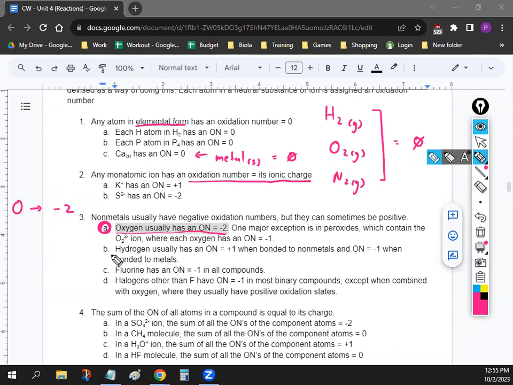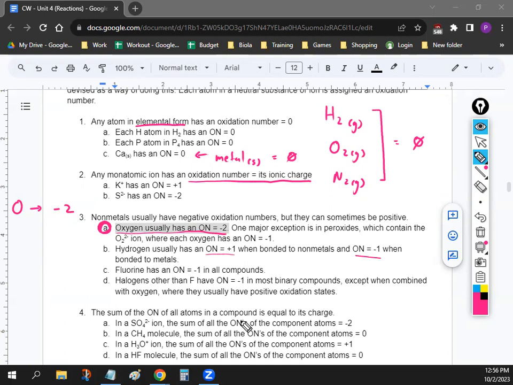Okay, hydrogen usually has an oxidation number of +1. Hydrogen is +1 when it's bonded to non-metals, but when it's bonded to metals, hydrogen is -1. So hydrogen can be plus or -1. When it's with non-metals, it's positive.